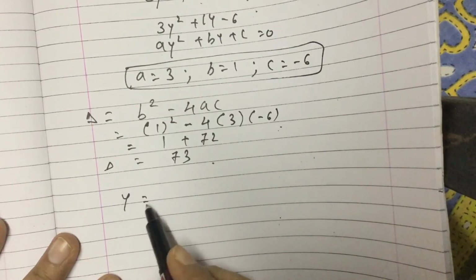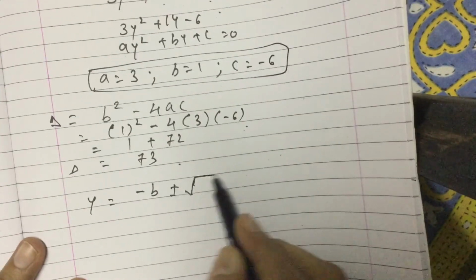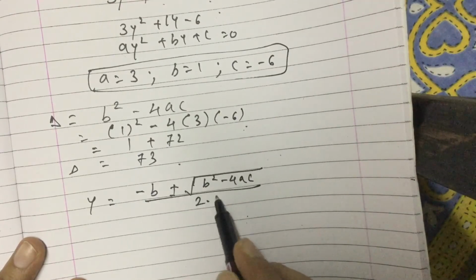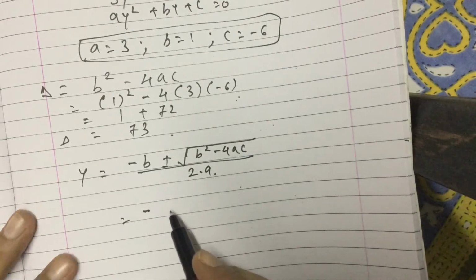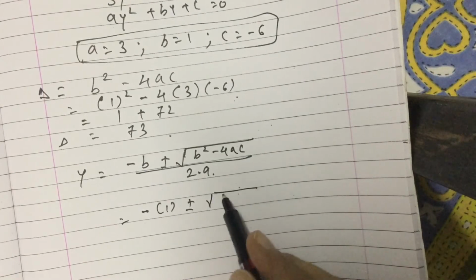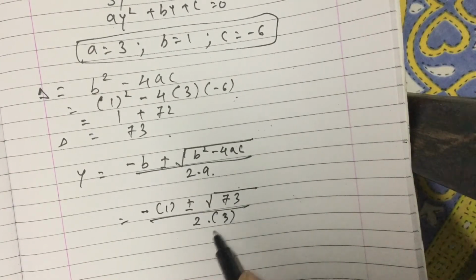Now we find the variable y: minus b plus minus under root b square minus 4ac upon 2a. Minus b value, what is b? It's 1, plus minus under root 73 upon 2, a value is 3.